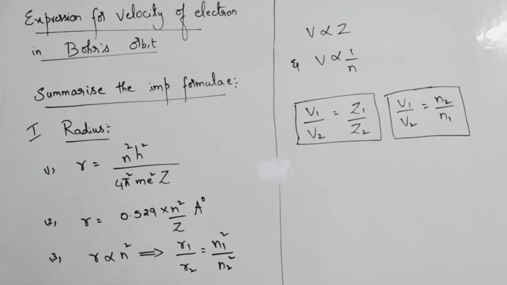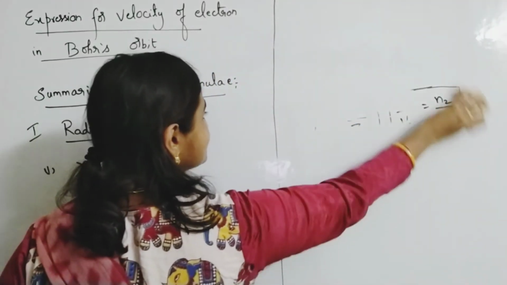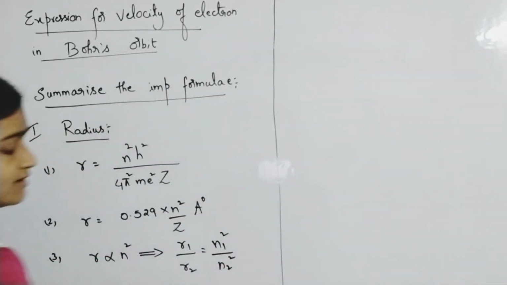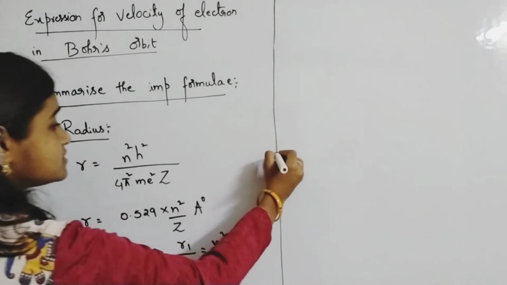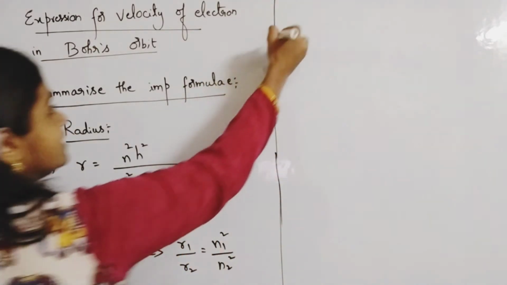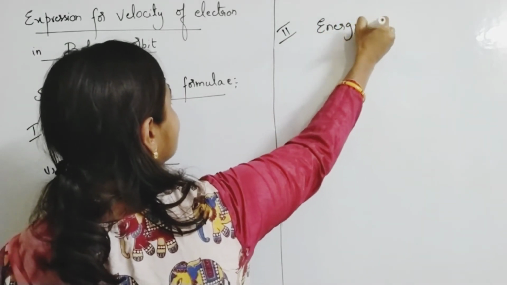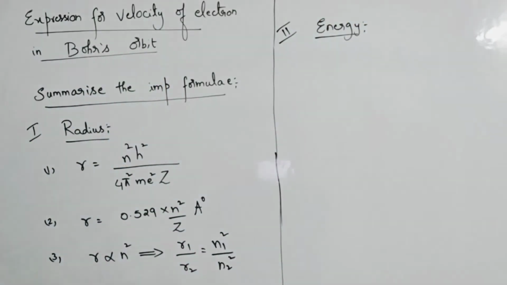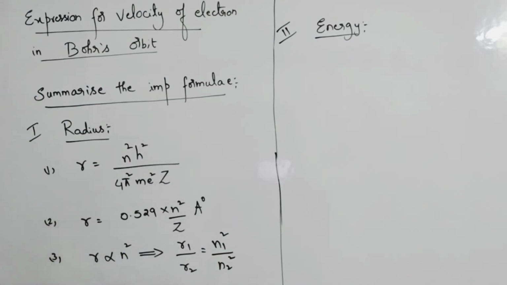Next, coming to energy. What are the formulas for energy of the electron in Bohr's nth orbit? Summarize the formulas. They are very, very important, and we will be doing numericals based on these formulas, so please write them carefully.